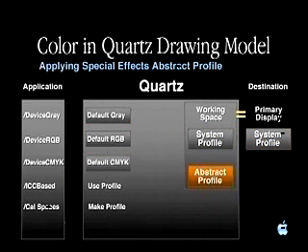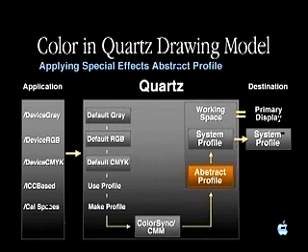Let me show you now how convenient Quartz color management can be for some other color operations. For example, applying special effects to all data can be very easily achieved by simply adding the abstract profile to the working space.